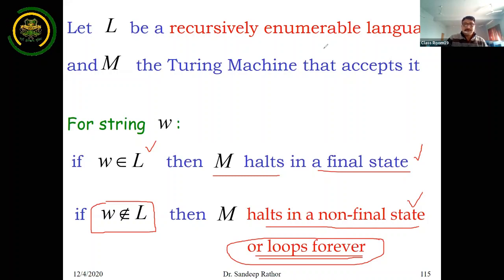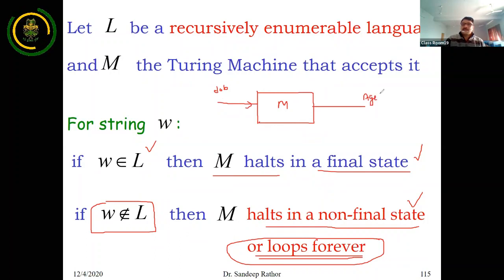In case of loop forever, I'm just explaining recursively enumerable again. For example, this is your machine. Suppose your machine, this one, and I just pass the date of birth, DOB, and then your machine will calculate the age and your machine will reach the halting state.